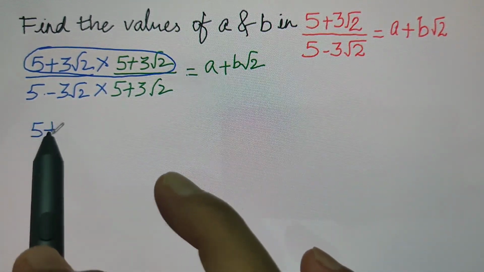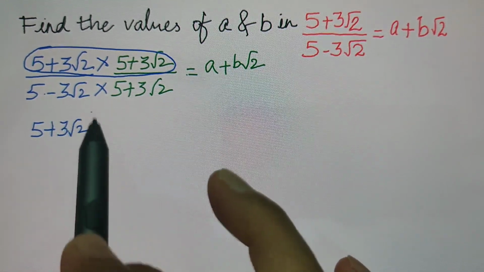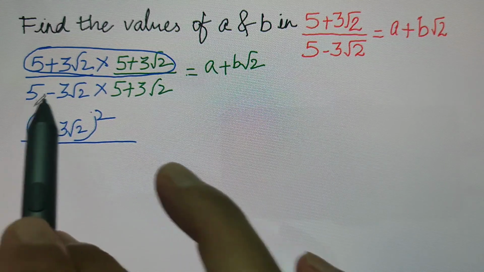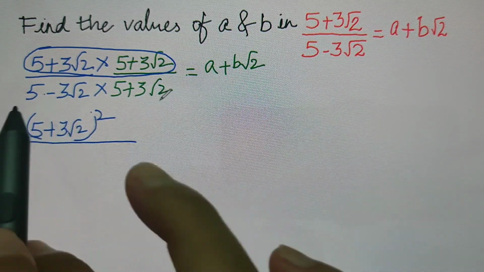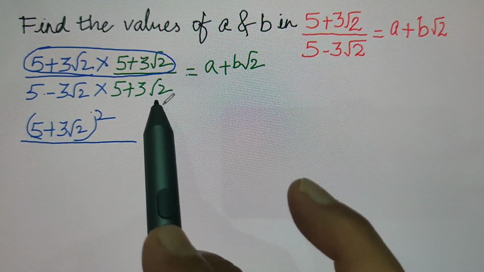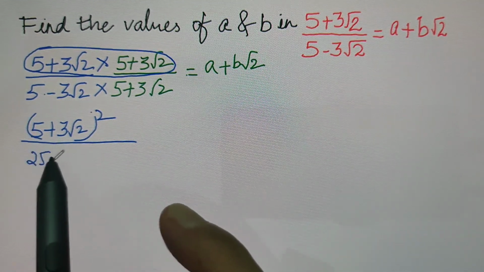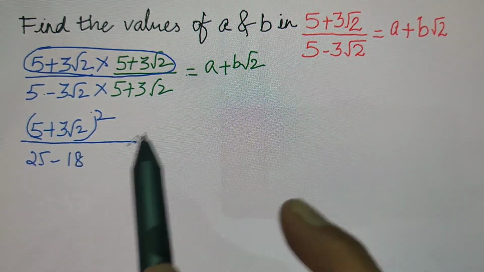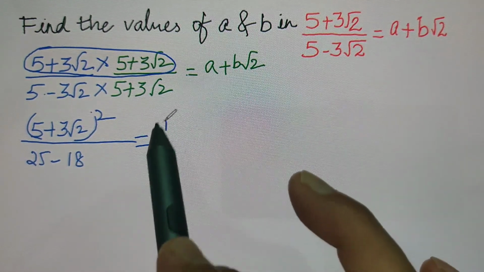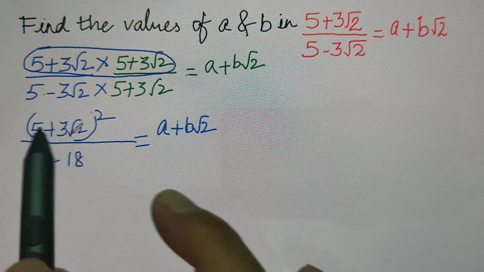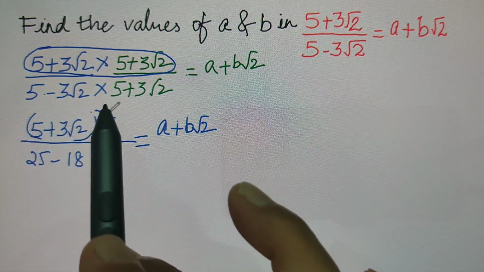Now this can be written as (5 plus 3 root 2) whole square. Now this follows the a minus b and a plus b formula, which is equal to a square minus b square. So this becomes 25 minus 18, which is equal to a plus b root 2. Now this becomes the (a plus b) whole square formula.